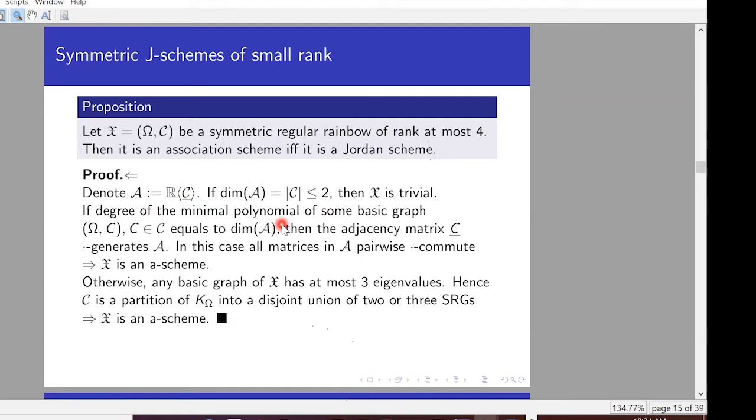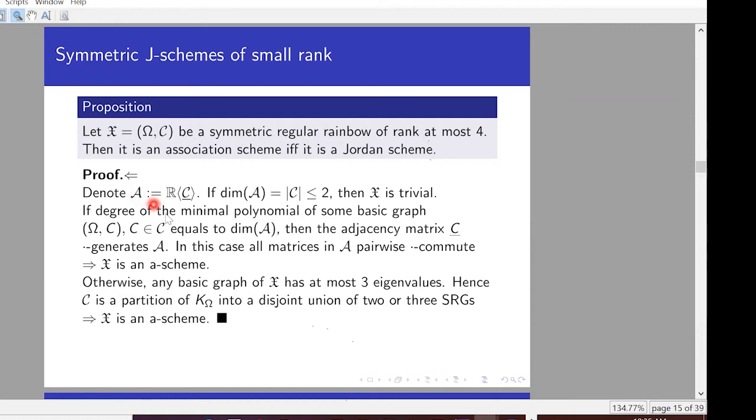If there is one whose degree is equal to the dimension, then the algebra is generated by the adjacency matrix of that graph. And therefore, all 2 matrices from my algebra commute. But in this case, a Jordan multiplication becomes a usual multiplication. So my vector space is closed with respect to usual matrix multiplication. Therefore, it is an association scheme.